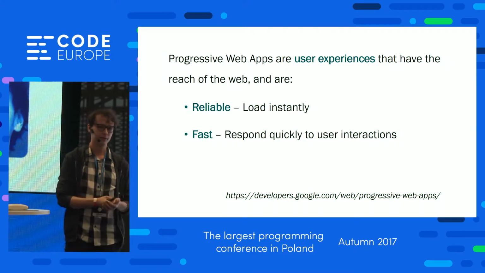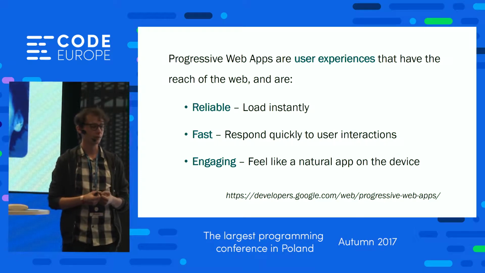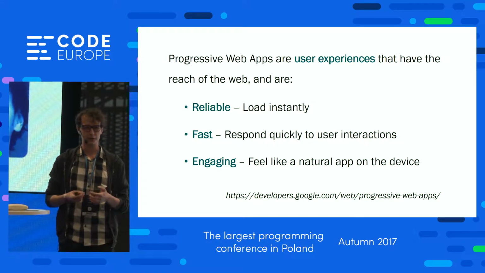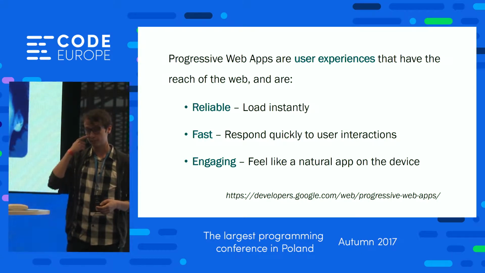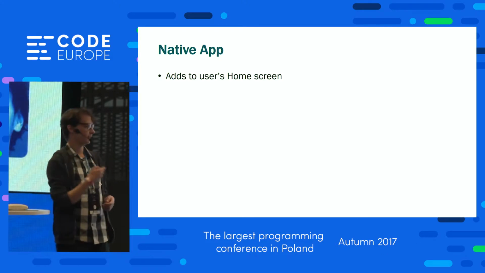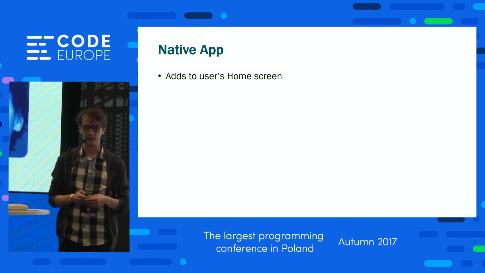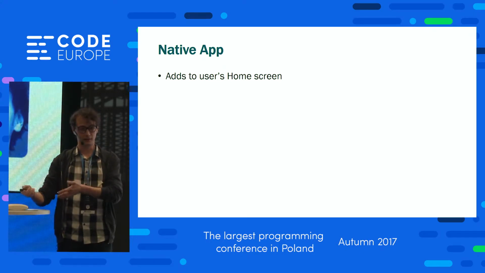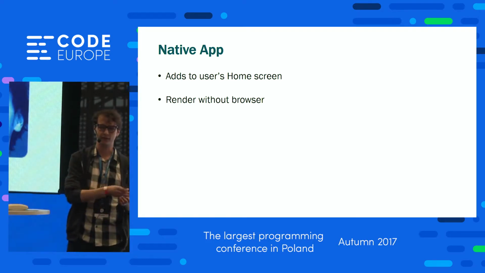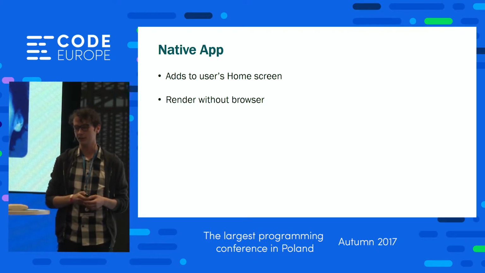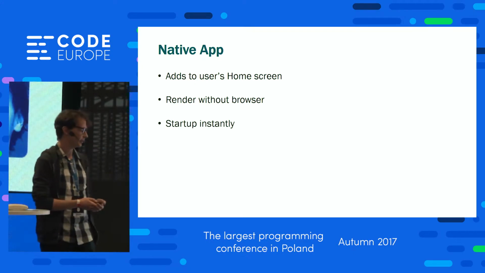In other words, it means that progressive web application will be an application that attempts to provide to its user some certain functionalities that are typical to native application, such as prompting to add your website to your user's home screen on his smartphone so that he can run it instantly from there. Then it can render without browser context, without border of the browser, with custom splash screen, with your own icon, etc. It can start up instantly and work offline, just like native application.